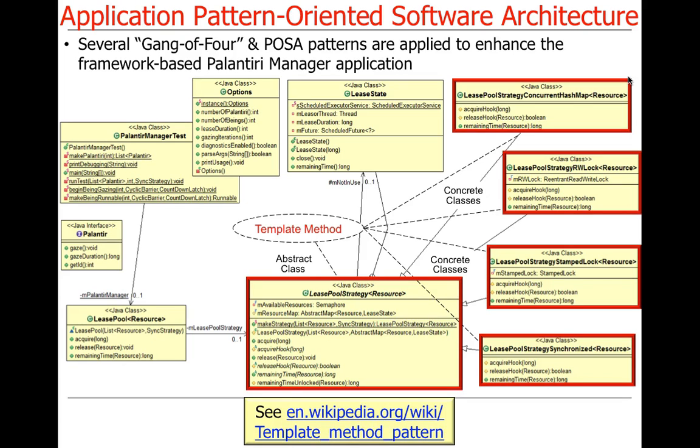So this interface defines acquire and release methods, which are not virtual methods, or not abstract methods. And then it defines acquire hook and release hook methods. These subclasses only define the hook methods. So acquire hook, release hook, and so on. Some parts of the release and acquire methods here are fixed, like the part that acquires and releases the semaphore.